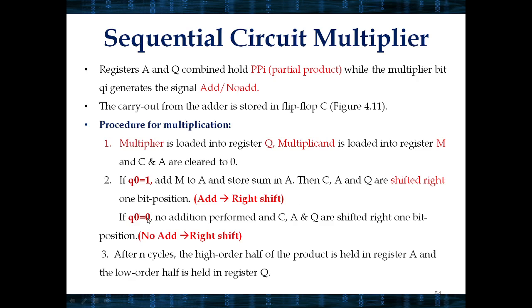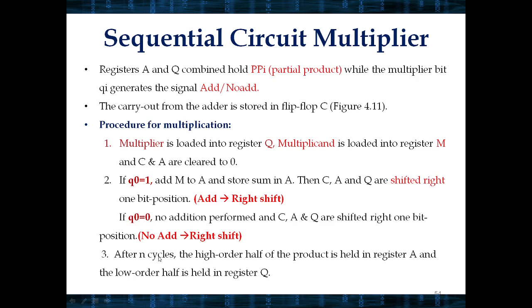If Q0, the multiplier bit, is 0, then no addition is performed, but whatever values the carry, register A and register Q are holding will be shifted right 1 bit position. Means no addition operation will be performed, but we will be shifting 1 bit to the right side.